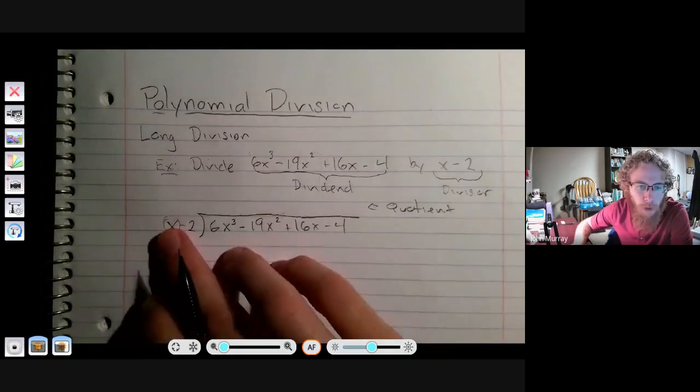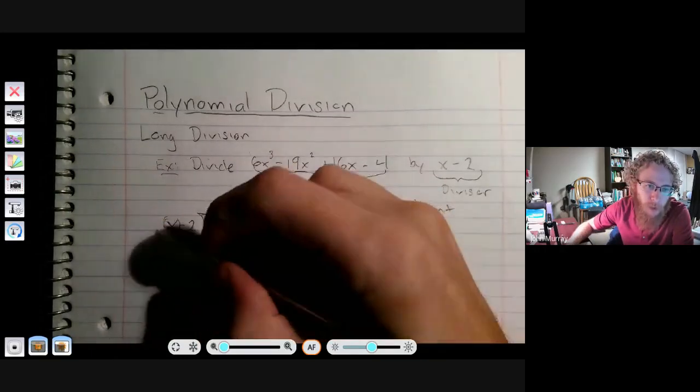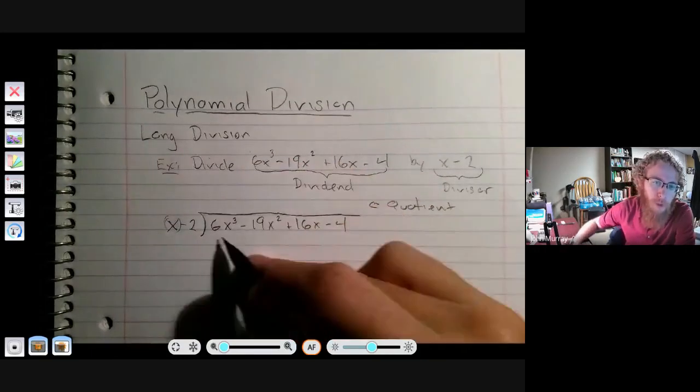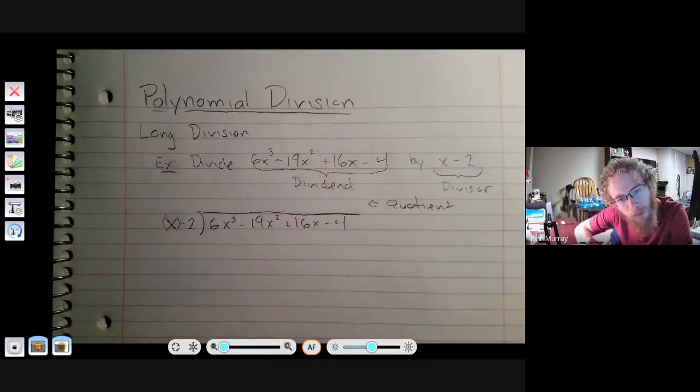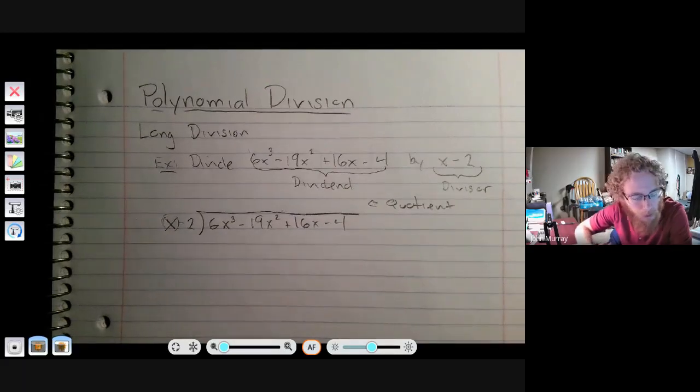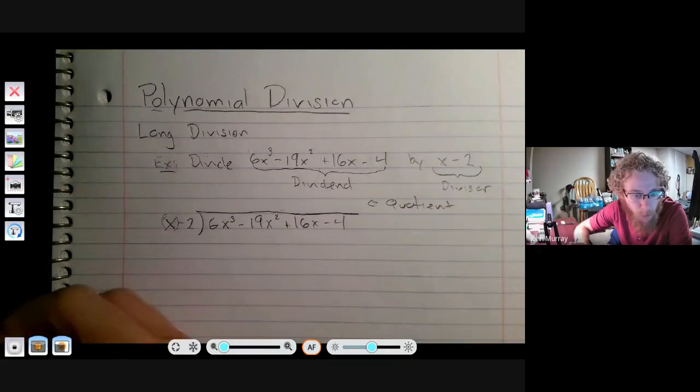So the first thing you want to do is compare this first term here to whatever your first term is in your dividend. So now there are two main ways to deal with this. Essentially, they're the same thing. It's just taking a different approach.